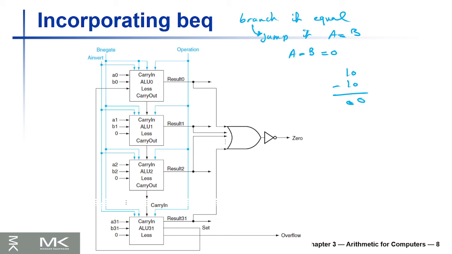So what's gonna happen here is that we're gonna take all the result outputs and OR them together. So if all of them are zeros, the output here will be 0. That means they are all equal. But we really like the idea that all of them are ones.